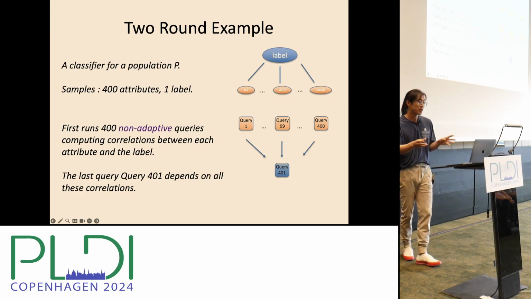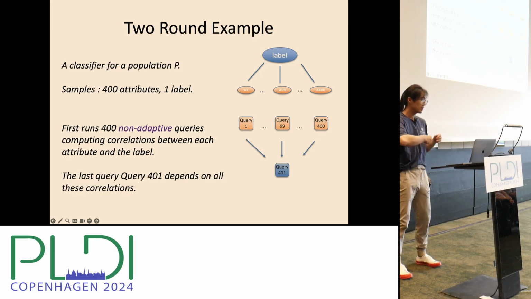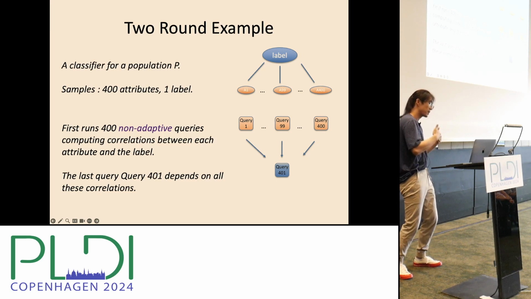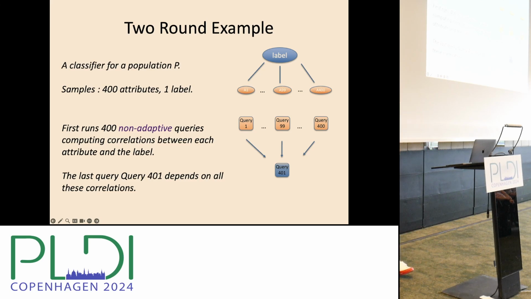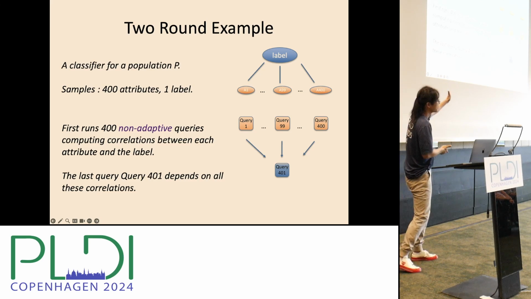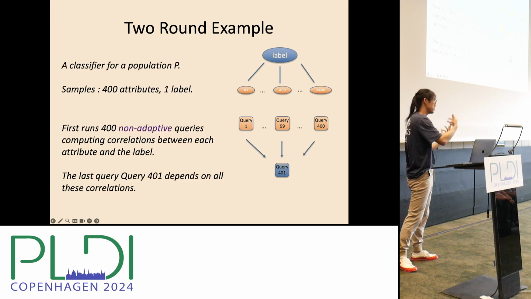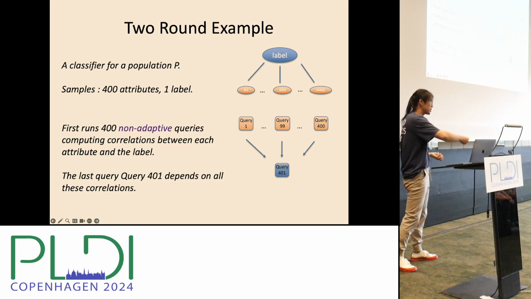Then we can ask another query, which I call query for one, that depends on all these previous correlations. In this way, we have a query graph where every node is a query, and an edge between two nodes means one query may rely on the result of another query.